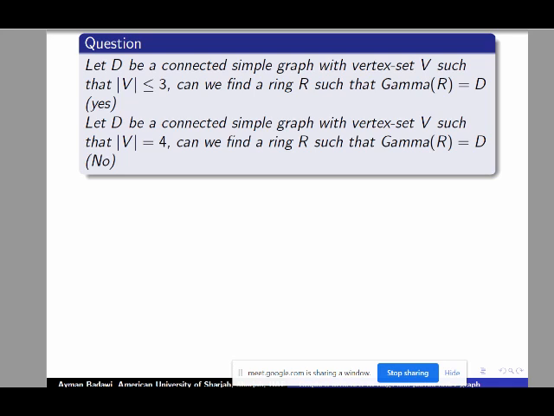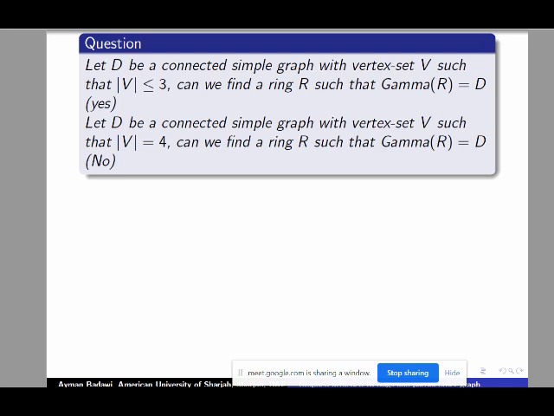What about if I go one more bigger than 3? Like I select the number 4 and I have a connected simple graph and the number of vertices is 4. Can we find a ring such that the zero divisor graph of the ring will be the given graph D?